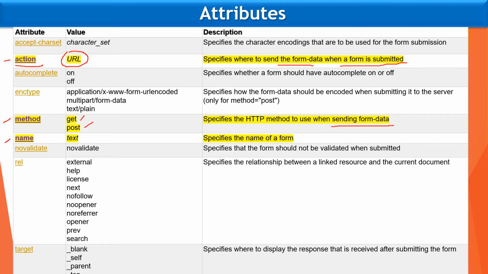Those attributes have get and post values. The next very important attribute is name, and this is a compulsory attribute given here. The name is given as a text value. So it will specify the name of the form.